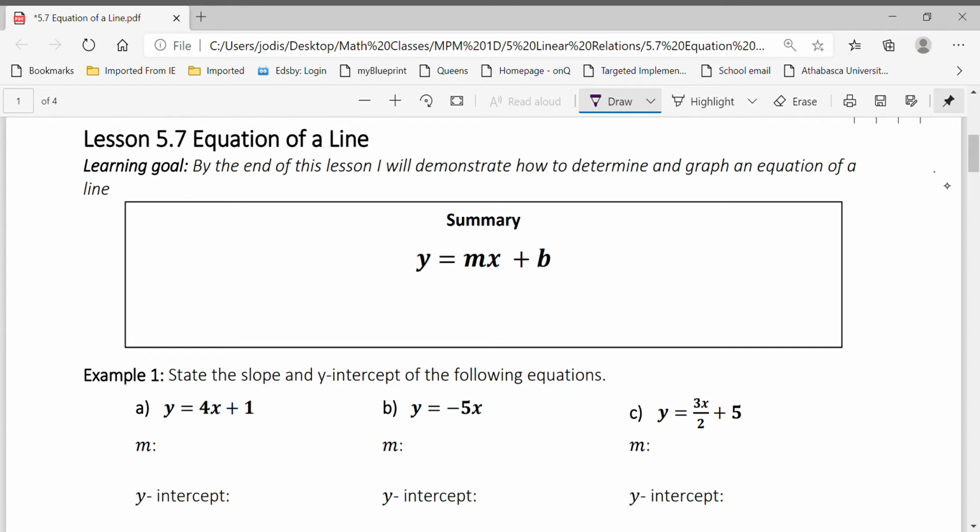So the biggest thing that we're going to need to be able to do this is this wonderful formula here that you're going to learn to love in this unit, y equals mx plus b. Our y is going to represent our dependent variable.